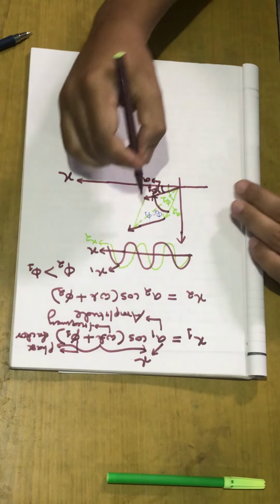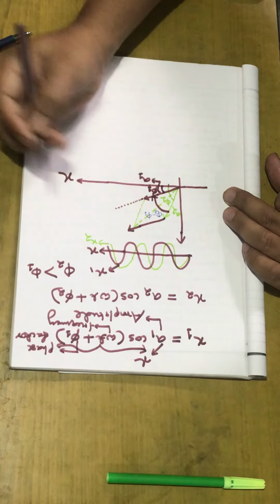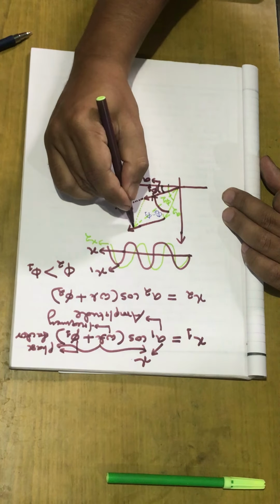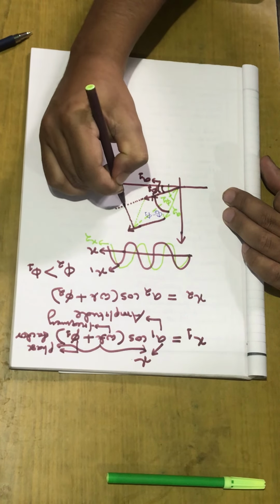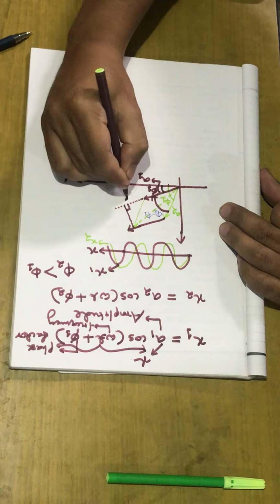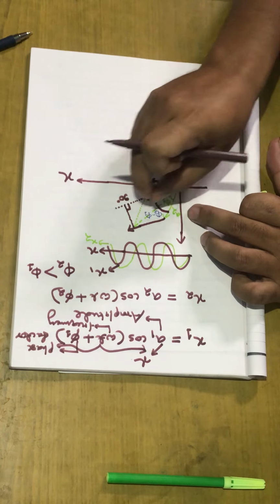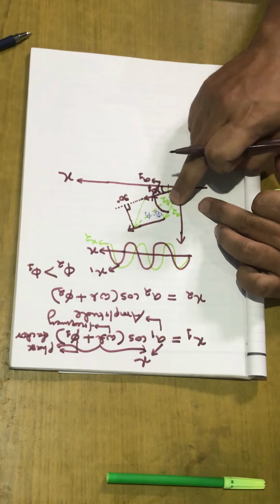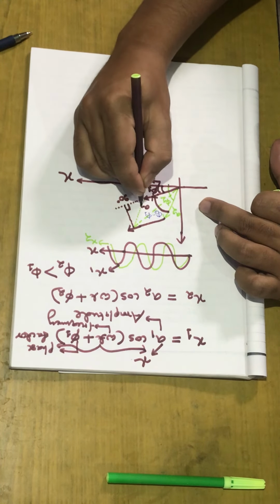Okay, now we are going to plot a perpendicular here. This is 90 degree. So this is A2, therefore this side and this side are parallel, so it has to be A2.